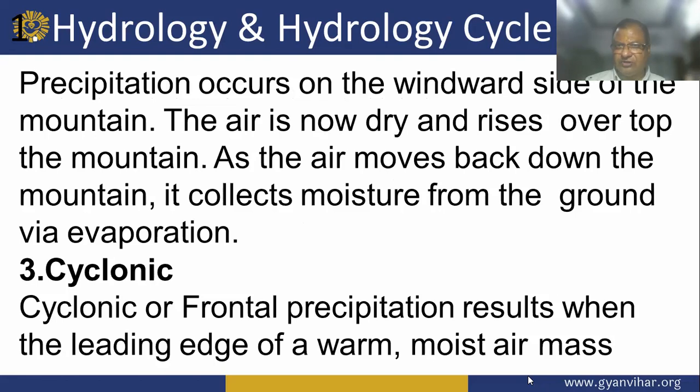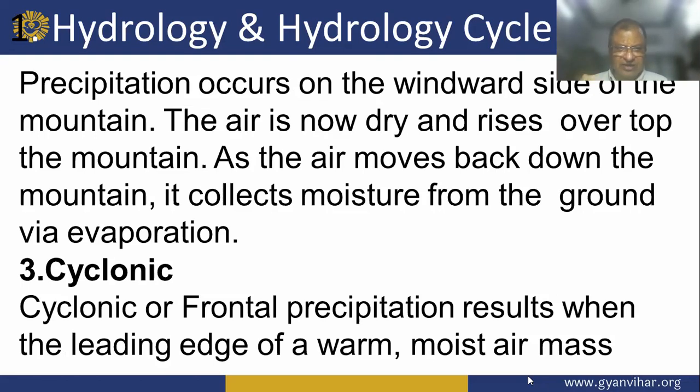Precipitation occurs on the windward side of the mountain. So the air is now dry and rises over the top of the mountain. As the air moves back down the mountain, it collects moisture from the ground via evaporation.